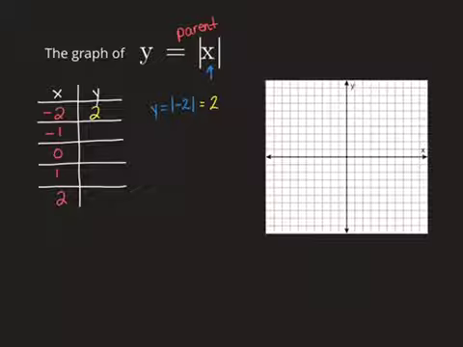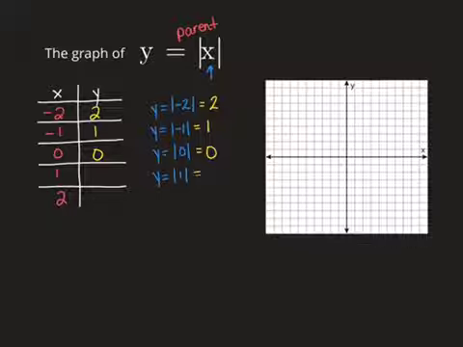Then y is equal to the absolute value of -1, which is 1. Then y equals the absolute value of 0, which is 0. Then y equals the absolute value of 1, which is also 1.